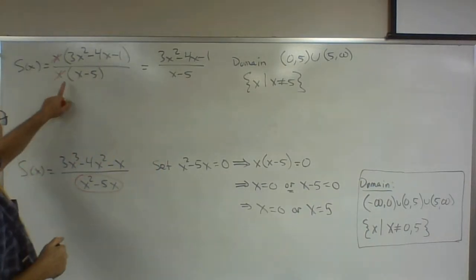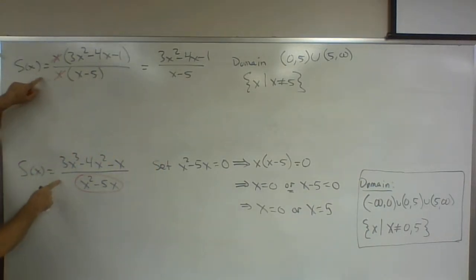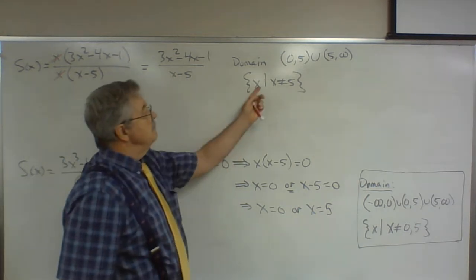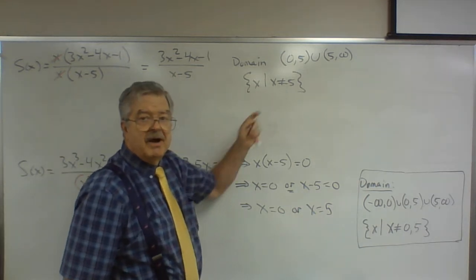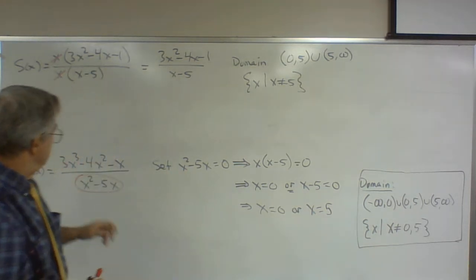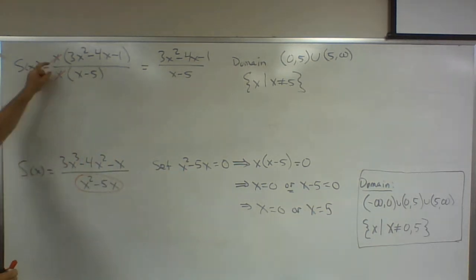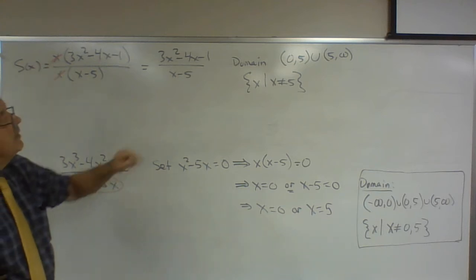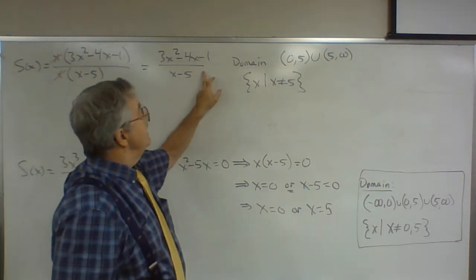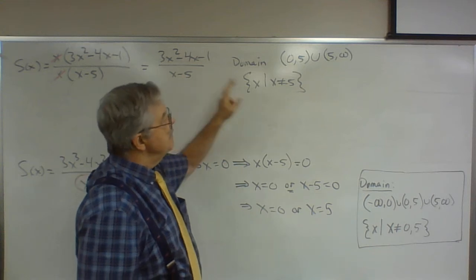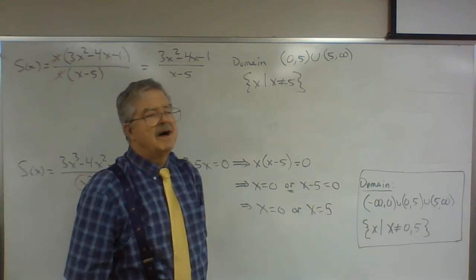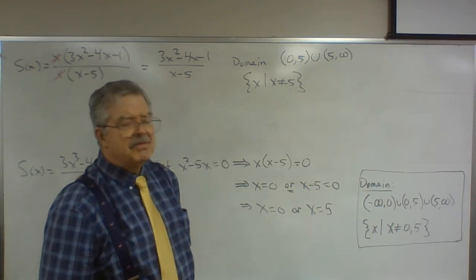So isn't the domain of this function s of x really just all real numbers except for 5? Because after all, when we take s of x and cancel the common factor in top and bottom, we get the function that has a domain of all real numbers except x equals 5. So can't we do that?